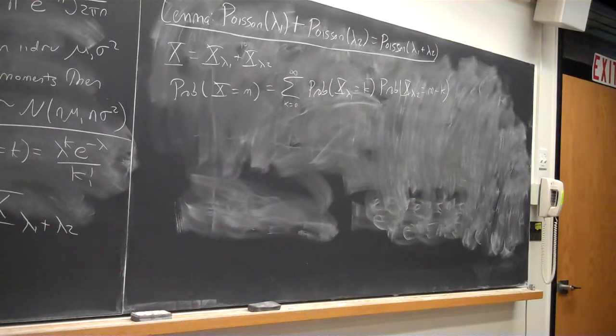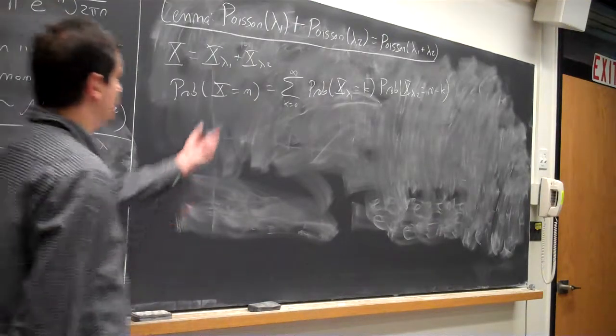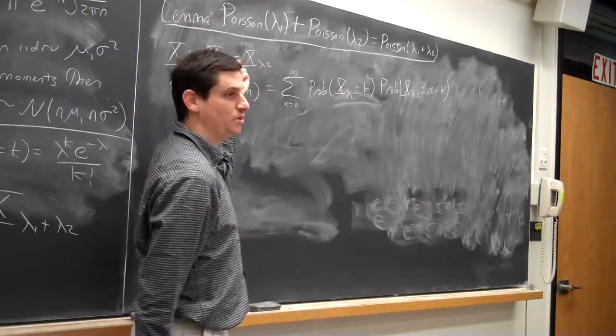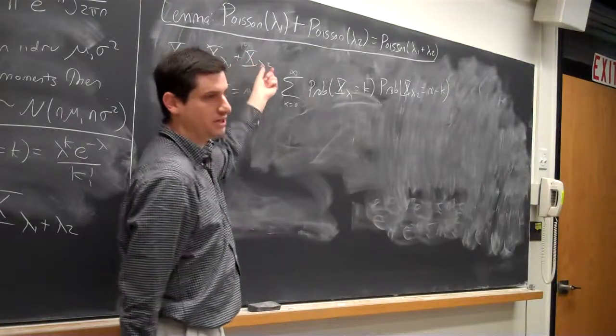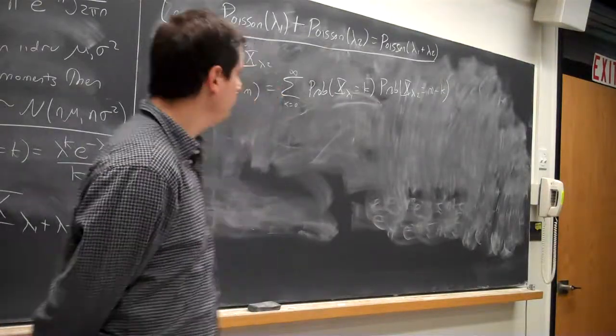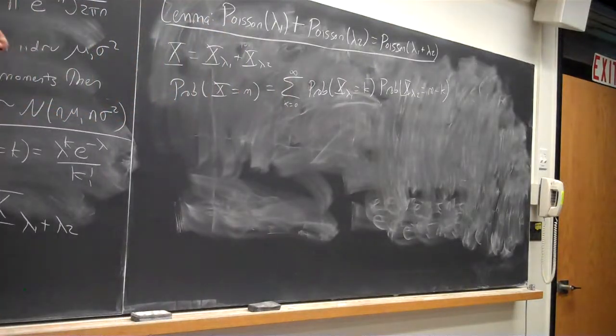So this is just the discrete form of the integral. If I want the sum to equal m, this has to take on some value, call it k, and then this has to be m minus k. So what's the range of k, since we're doing Poisson random variables?